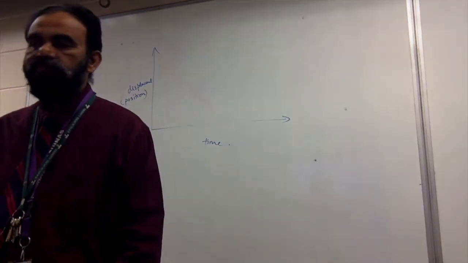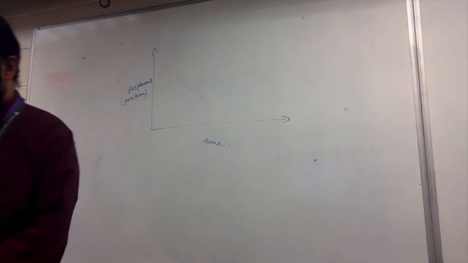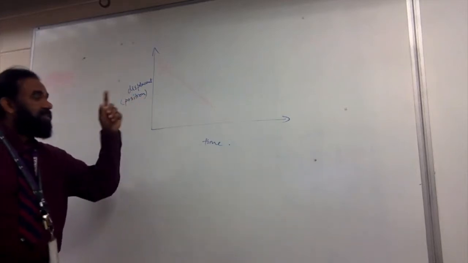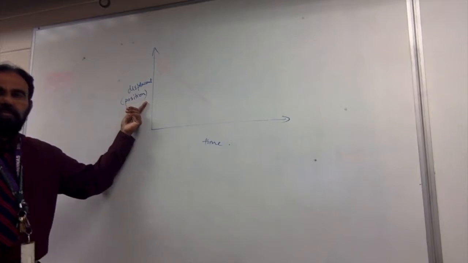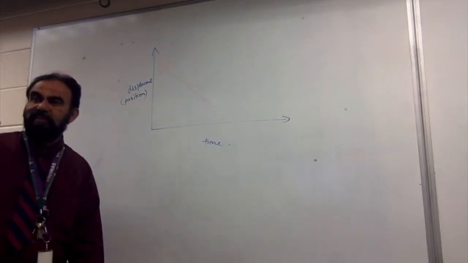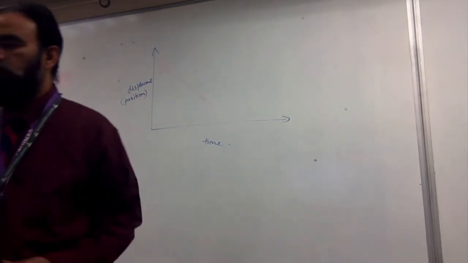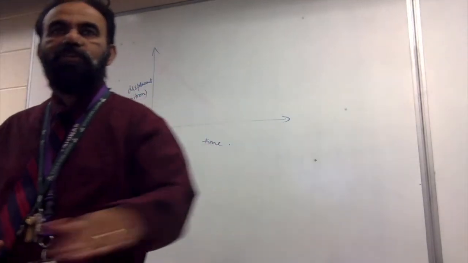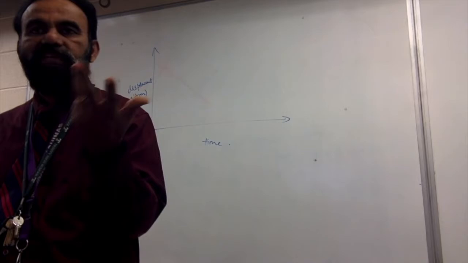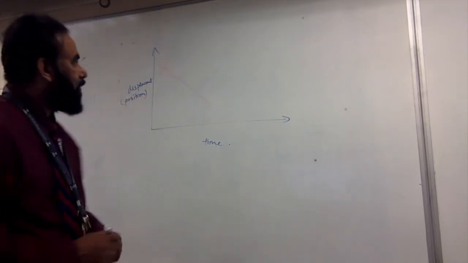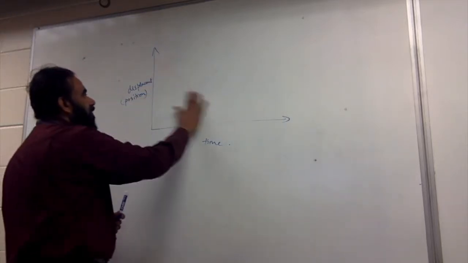So sometimes you can see a position time graph or a displacement time graph. If you're drawing a position time graph, they will use X if you are moving horizontally, and Y if you are moving vertically, just like a graph. So, displacement time graph.